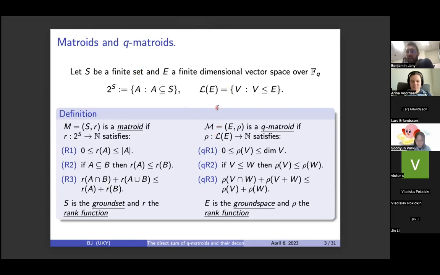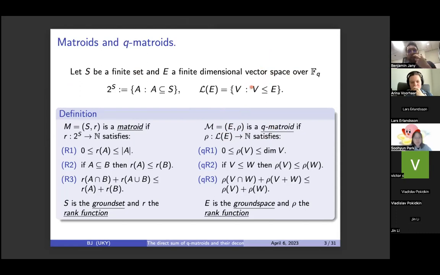They define it for any field and use field extensions of a certain degree to define this notion of q-matroid for any field, right? But because we're looking into it from a coding theory perspective, we're really interested in vector spaces over a finite field, right?